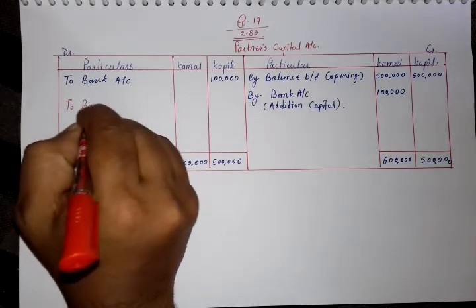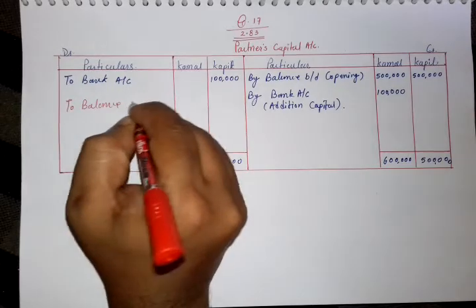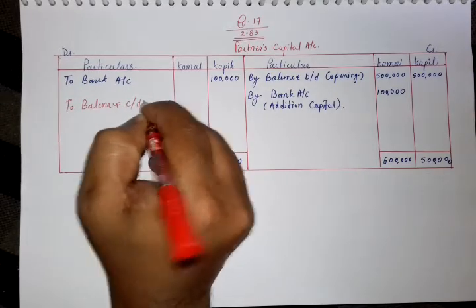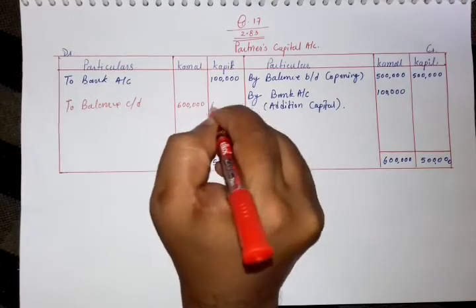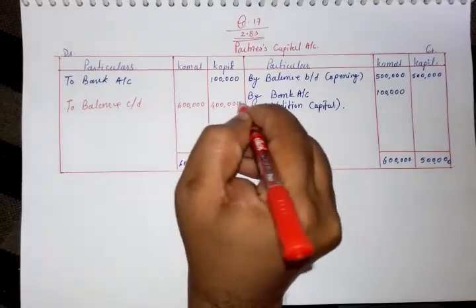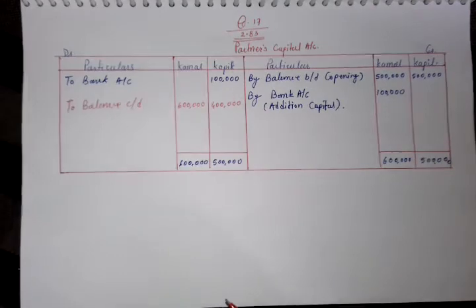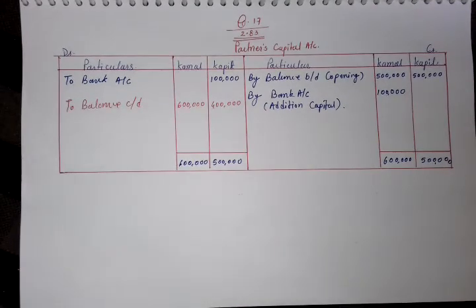To balance, 6 lakh and 4 lakh. Okay, that is clear. And on the basis of their introduced capital, we have to calculate interest on capital.